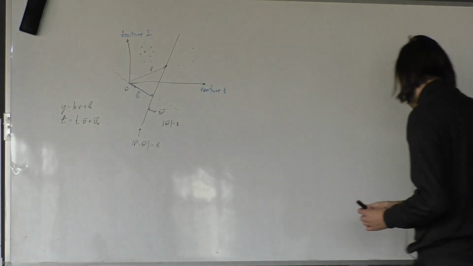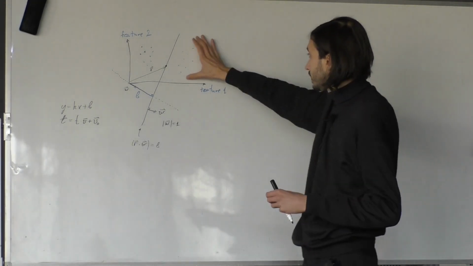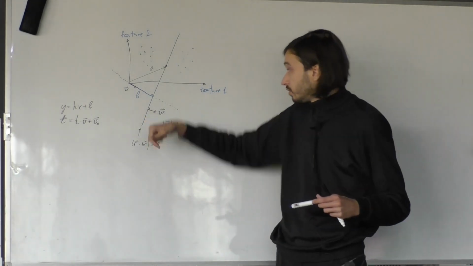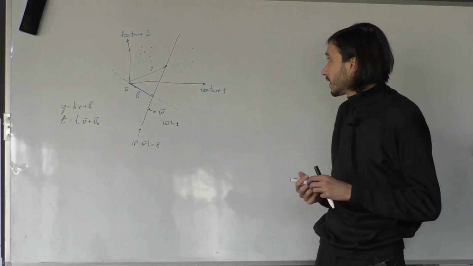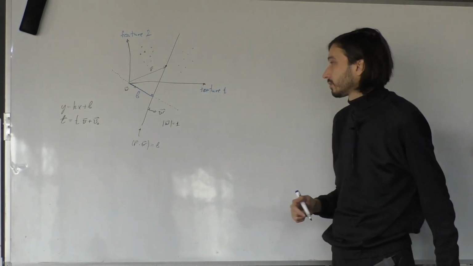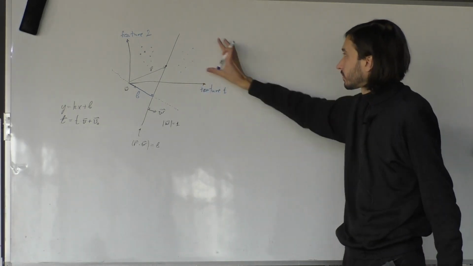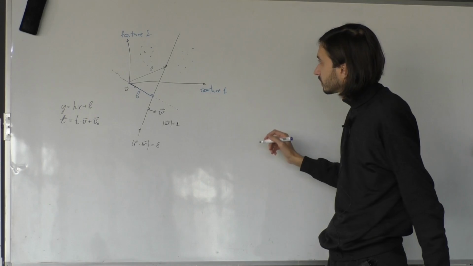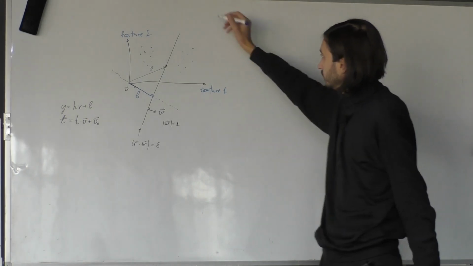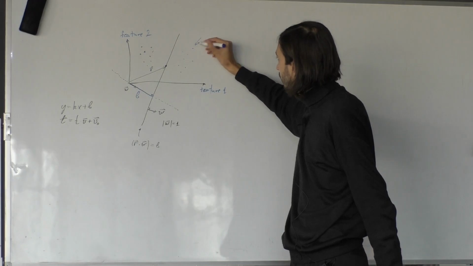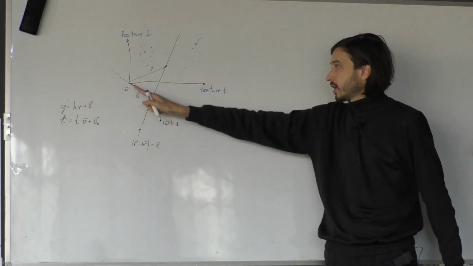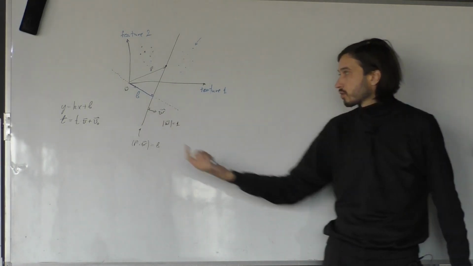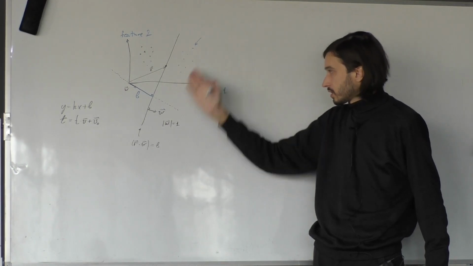So this is my class, some sort of class blue. I have all points in here, on this side of the line. Suppose that my vector w points this way. What can I say about these points? What about projection on this vector w? Any idea what happens when I project any of these points on vector w?